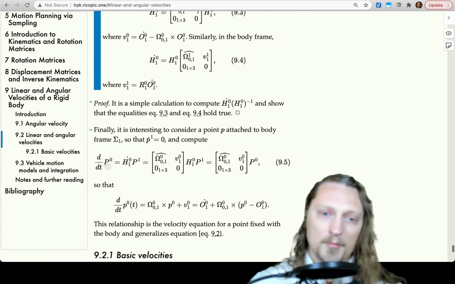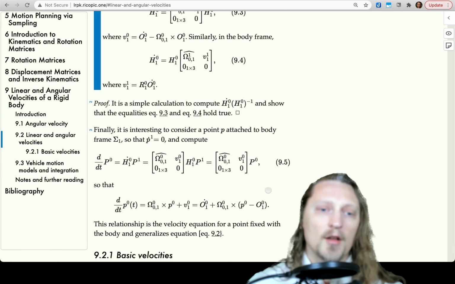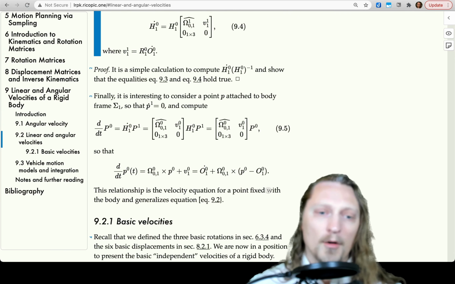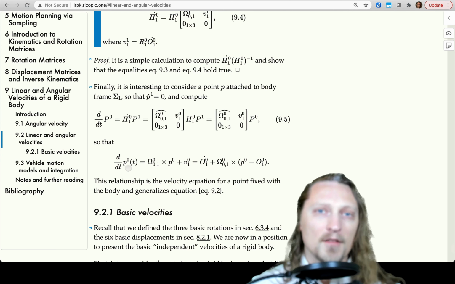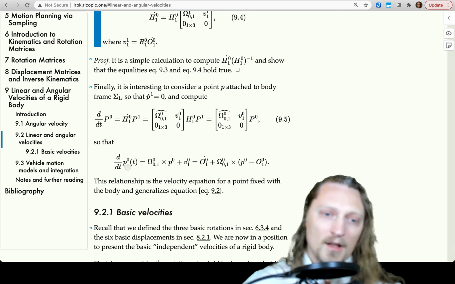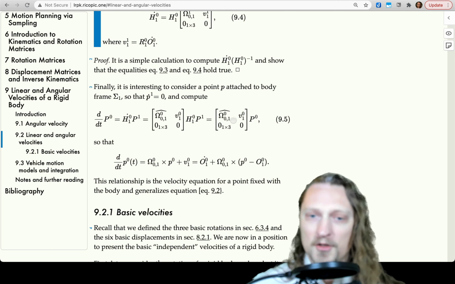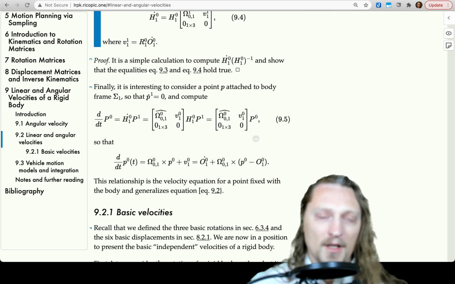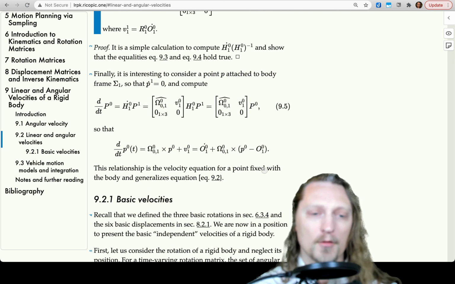So the time derivative of p0 is p0 left multiplied by this matrix. If you were to figure out the non-homogeneous representation of p0, the time derivative of p0 is this term, which you can essentially read off the first three rows of the expression in 9.5, and you can also rewrite this as shown.